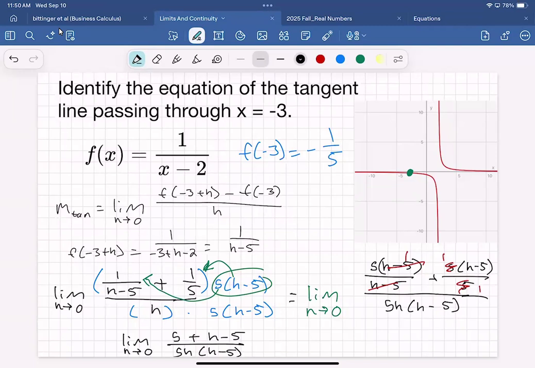What you'll see there, the first fraction just has 5 left over. The second fraction just has the h minus 5 left over. And that kind of looks like the denominators we've used previously, where those fives are going to go to zero.